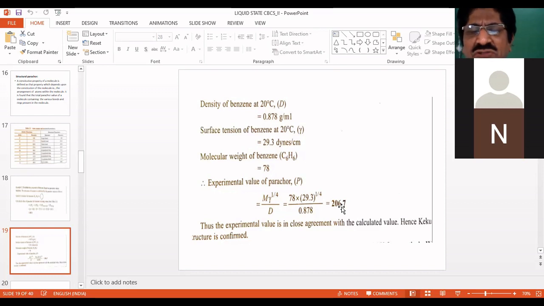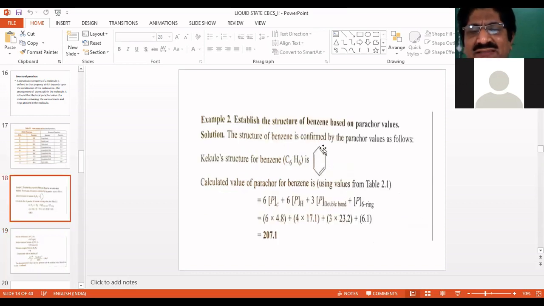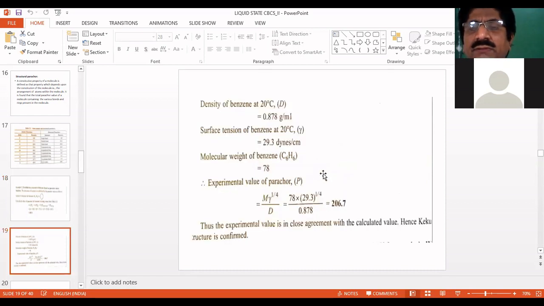They agree with each other, and hence the structure given by Kekulé for benzene, having 6 carbon, 6 hydrogen, 3 alternate double bonds and a 6-membered ring, is a perfect or correct structure for benzene. So in this way, we can confirm the structure of any organic compound in doubtful cases.